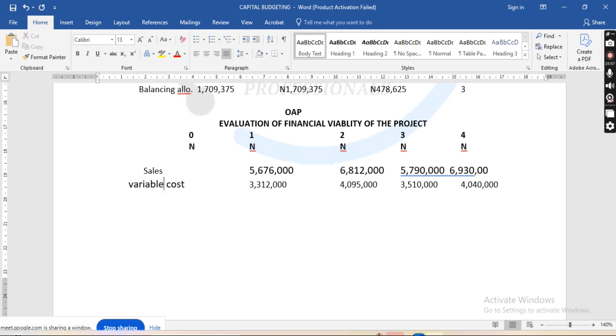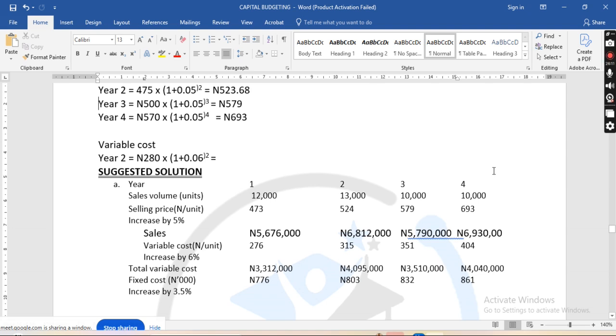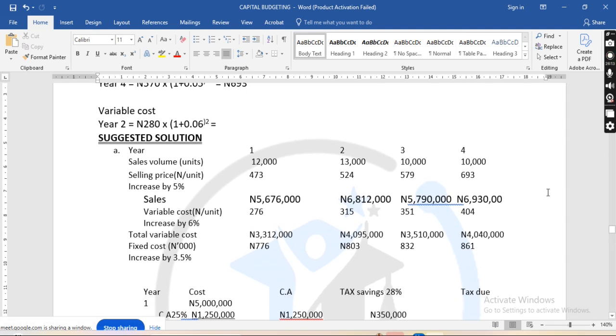Now, please pay attention. Another problem in this NPV is your arrangement. How do you arrange it? After this variable cost, there is fixed cost. We'll just pick it, then put it in thousands.